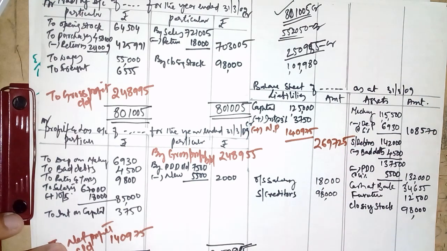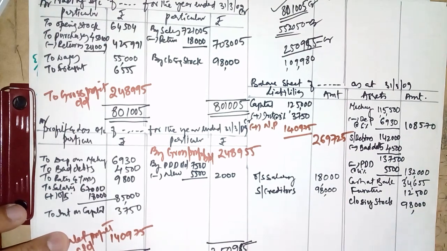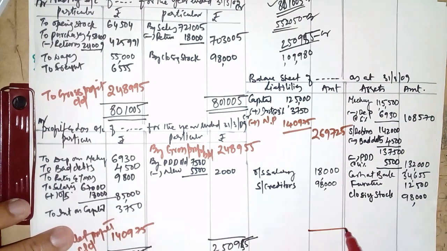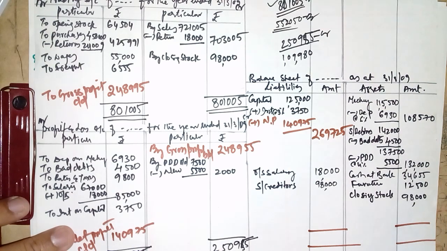Clear? Now once this is done, our balance sheet should tally. So our balance sheet should tally, otherwise we are wrong. Clear? So now we will check whether it is tallying or not. Right? So make the summation on the credit side: 2,69,725 plus 18,000 plus 98,000.